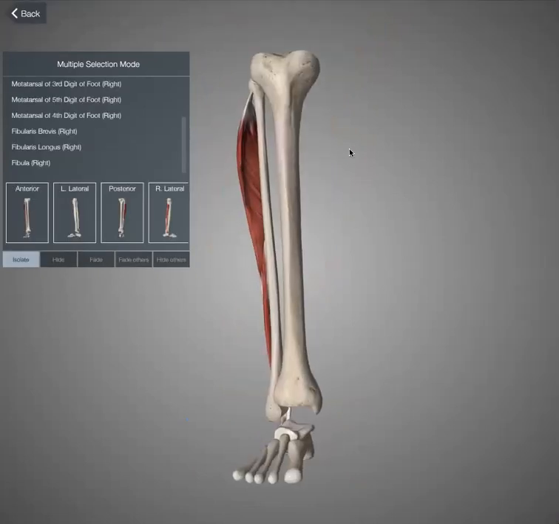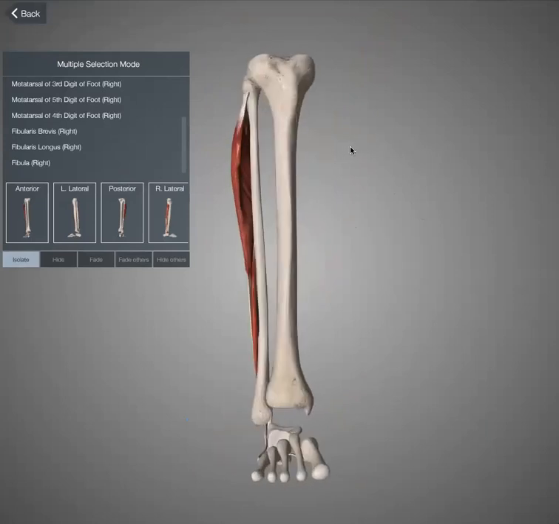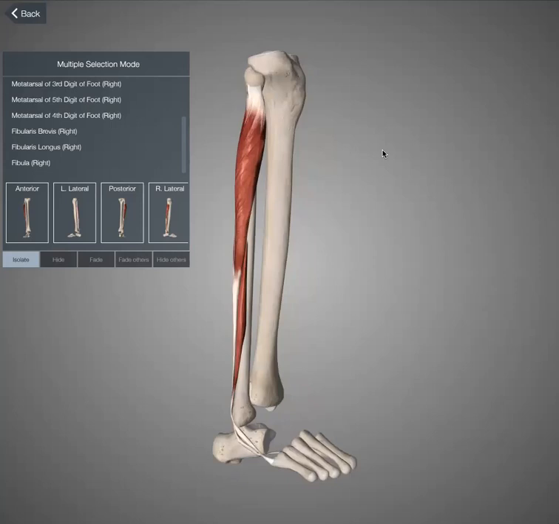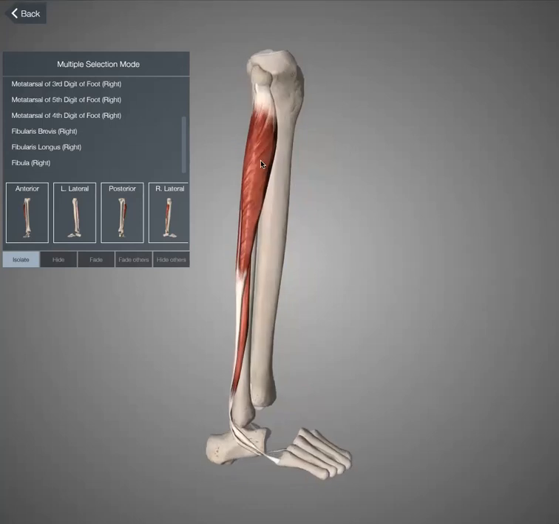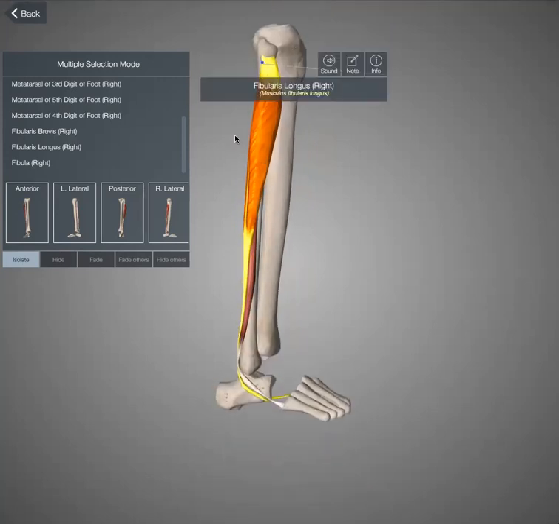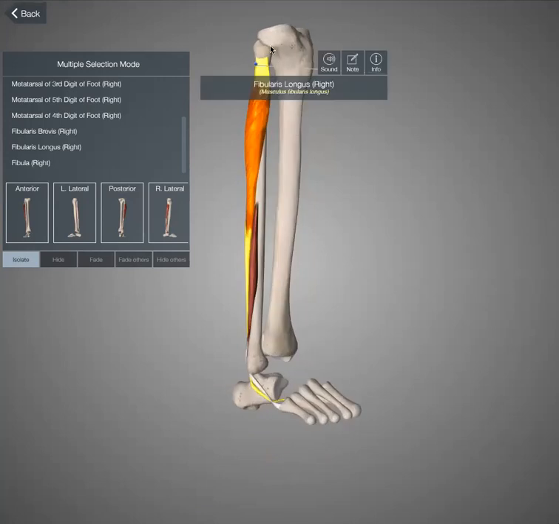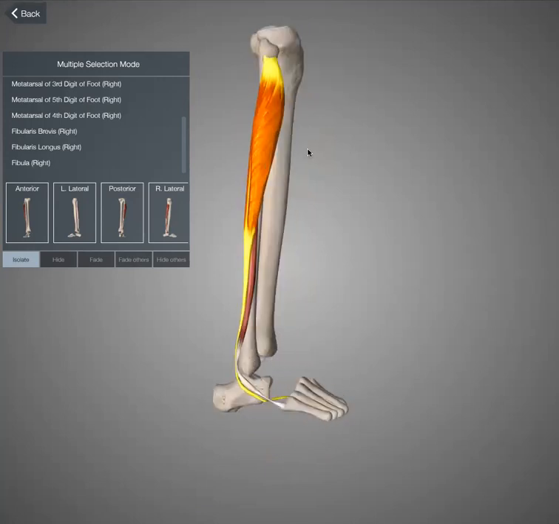Now you see that it's the fibula that is the main one that we want. The fibularis longus is the larger and more superficial muscle in the compartment. It originates from the superior and lateral surface of the fibula, and also a little bit from the lateral epicondyle of the tibia. It's not very obvious here.